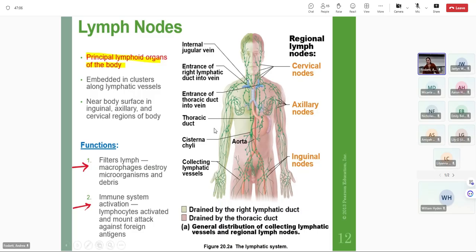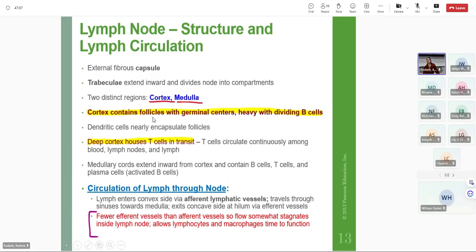So what does the lymph node look like? Here's, again, you will see this in lab next week. You will see a cross-section under the microscope of what that lymph node looks like. So I'm going to break this down for you. Two main regions: cortex versus the medulla. A lot of this is going to resemble the adrenal gland. You'll remember that. The adrenal gland, which is on top of the kidneys.